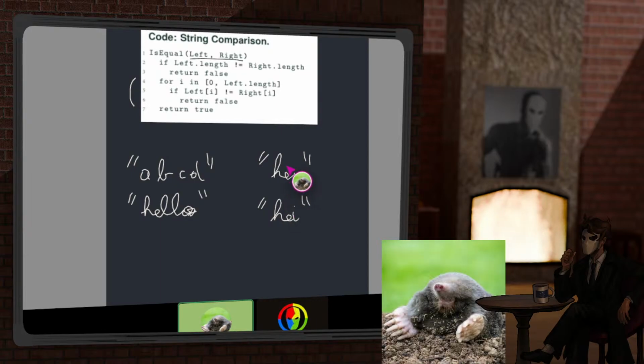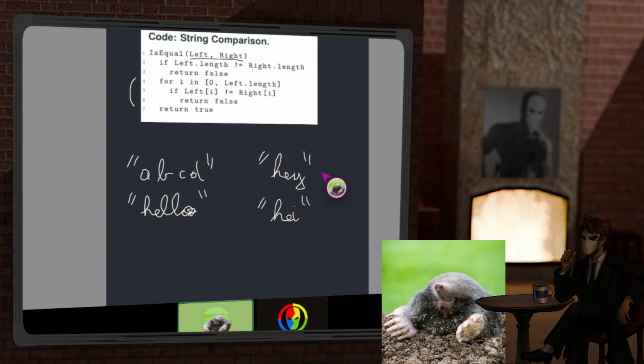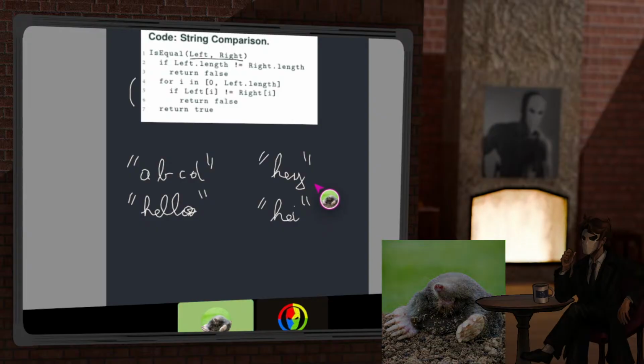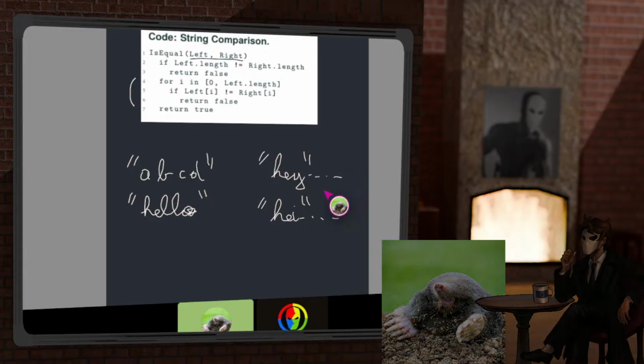So it goes on to the next. Is it equal? Yes. It goes on to the next. Is it equal? No. That means that somewhere in the string there's a different character. We can already stop. Here we were at the end of the string, but even if there was something else afterward, we can already stop. We know we're done.